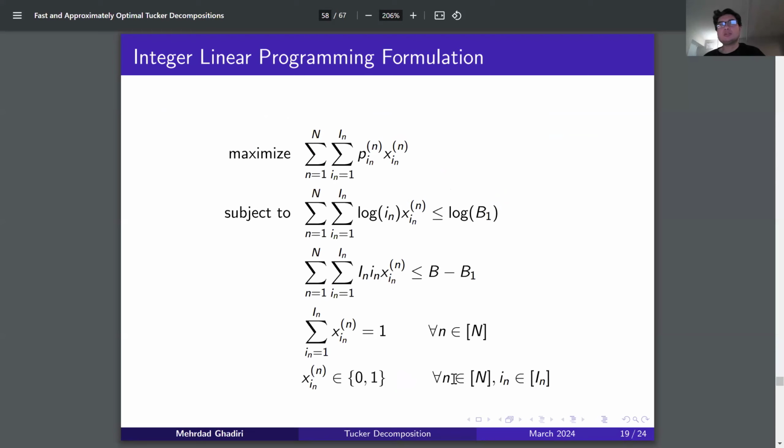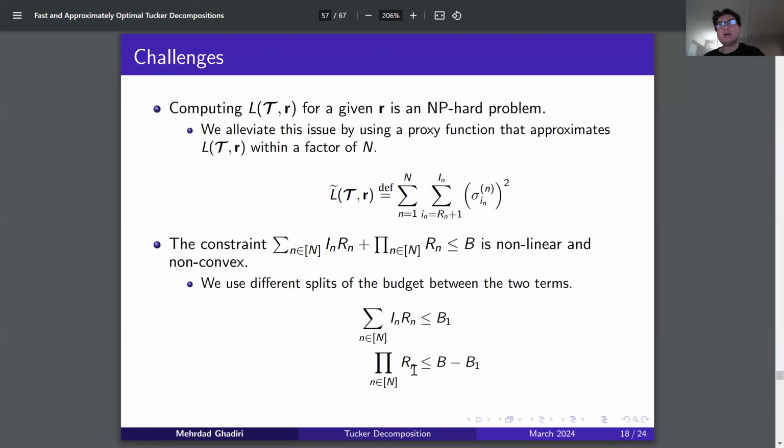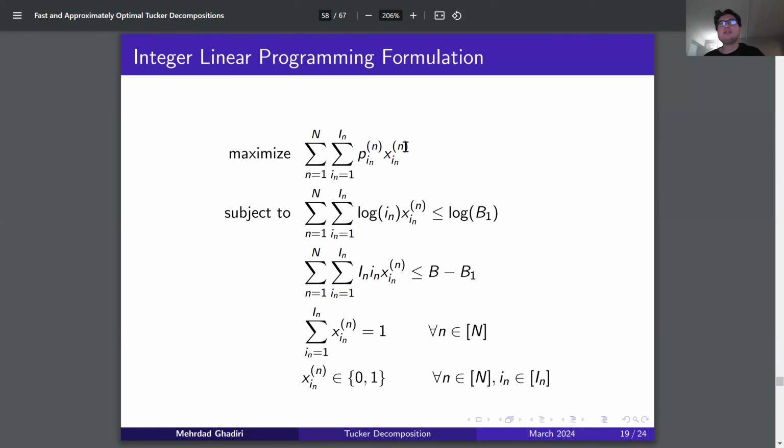So instead of picking R_n's, I define these variables x_in, and I say that the sum of them for each dimension is equal to 1. Essentially I'm saying that I want to pick one of the tails with this x_in. And this p_in is just the sum of the tail for the matricization of mode n. And then this part is just the splitting of the budget constraint.